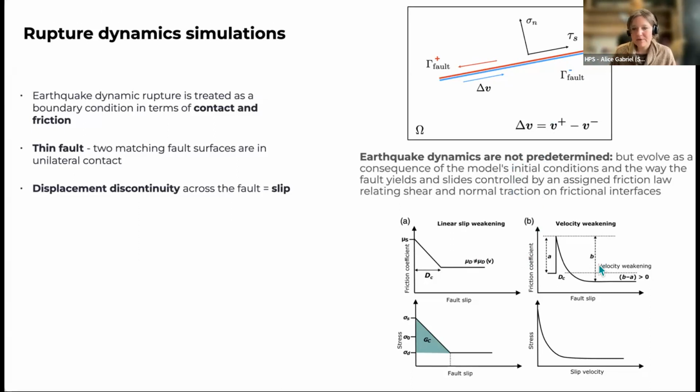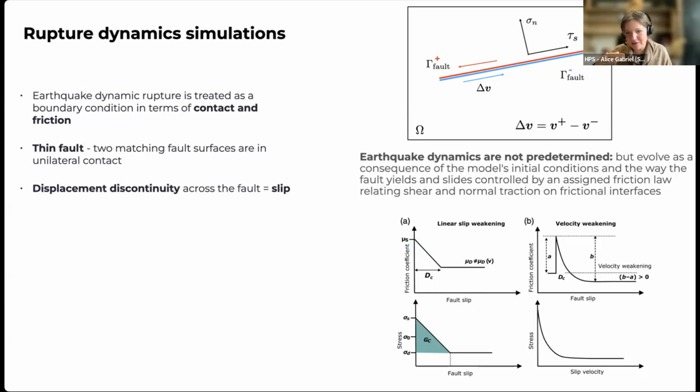Here, two of the most commonly used friction laws. This is linear slip weakening, where we're starting at some static strength of the fault. It weakens with slip accumulating up to some fixed dynamic strength of the fault. This is similar to an understanding of friction based on simple Coulomb friction, maybe, that you usually have higher resistance, at least if you're in the seismogenic part of the fault where you have stick slip, you have higher static friction.